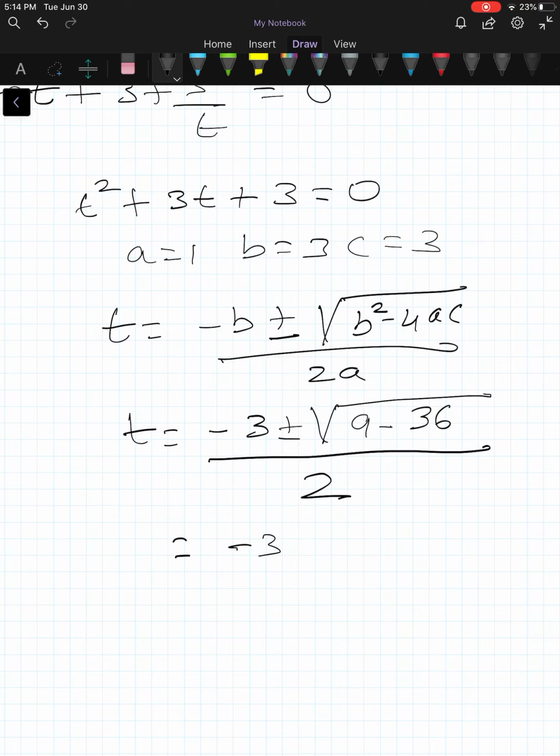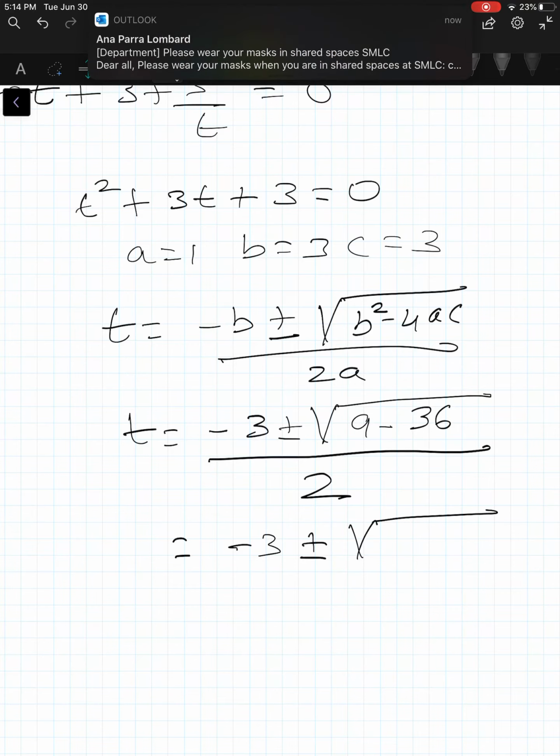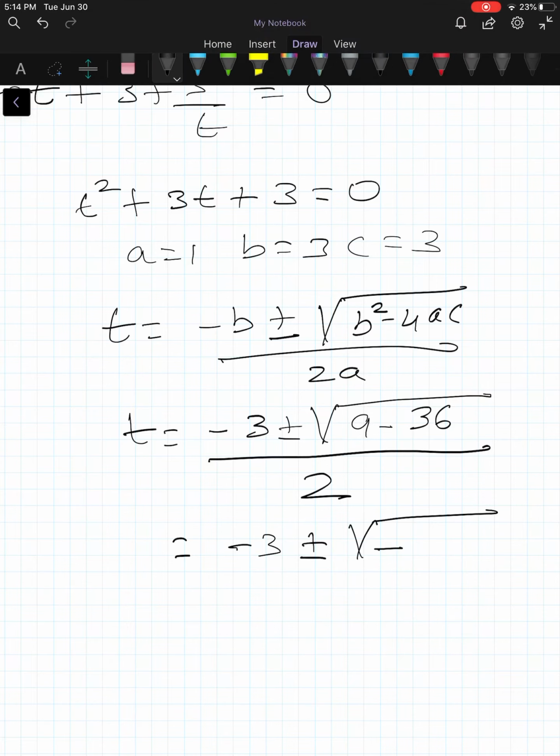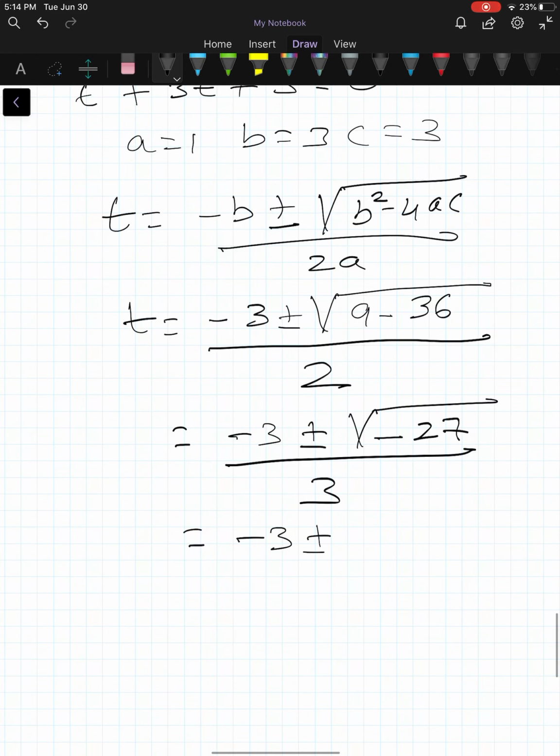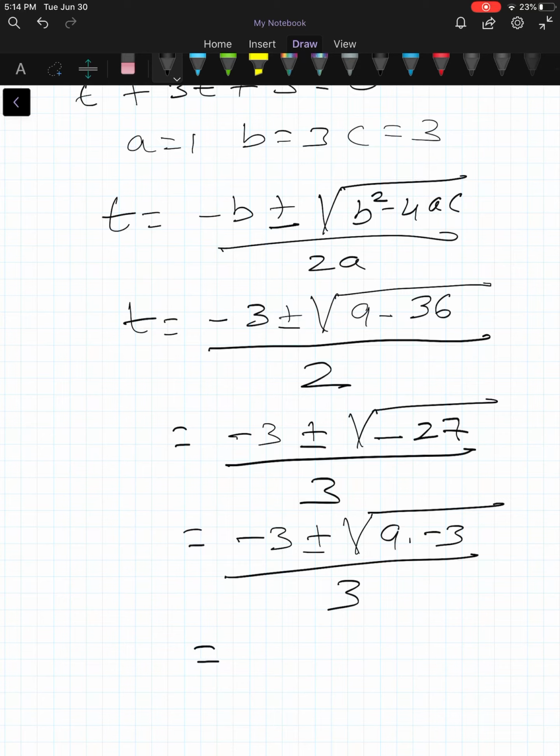So this would give us negative 3 plus or minus square root of 36 minus 9 would be negative 27, divided by 2.